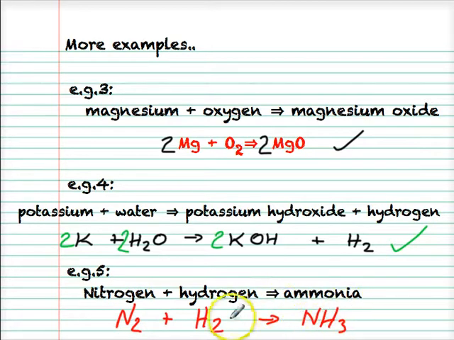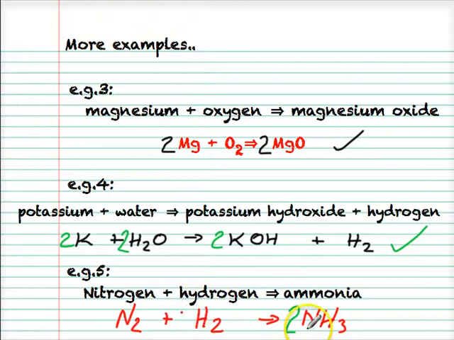Let's start off by doubling the amount of ammonia so that we balance the number of nitrogen atoms. So let's start off by putting a 2 in front of the ammonia here. So now the nitrogens are balanced, but the hydrogens are not balanced.